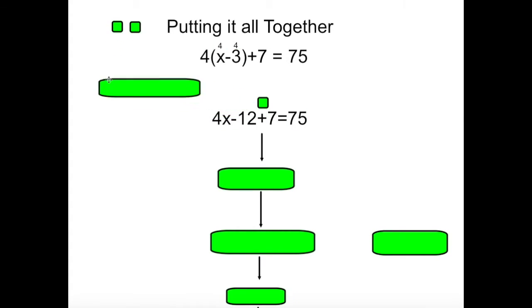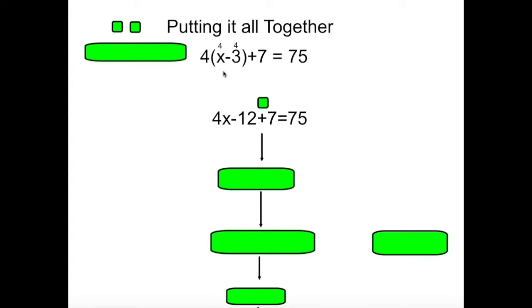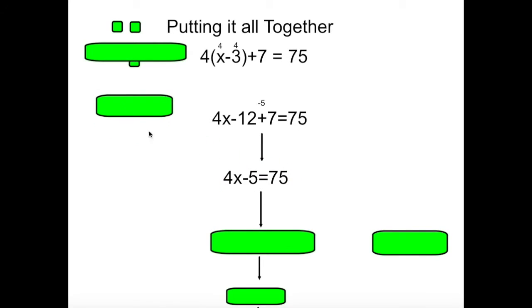And this will leave us with 4x minus 12 plus 7 equals 75. And notice that negative 12 plus 7 will leave us with negative 5. And that'll leave us with 4x minus 5 equals 75.